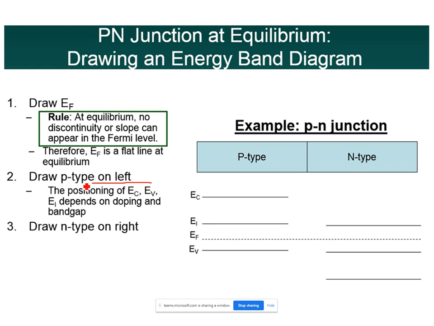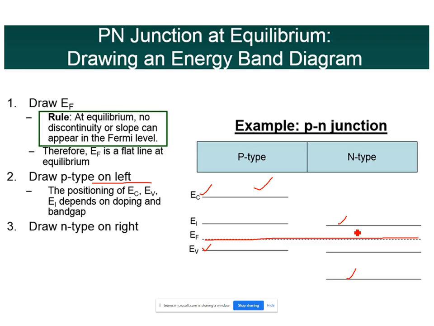P-type means we are drawing the conduction band and the valence band for the p-type material. First I have drawn the straight Fermi energy level. Next I have drawn the conduction band and valence band for the p-type, and next the conduction band and valence band for the n-type material.